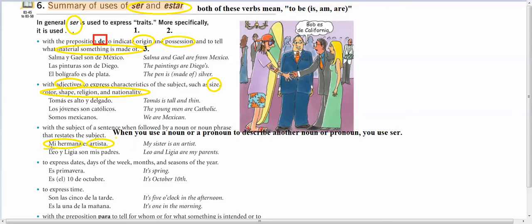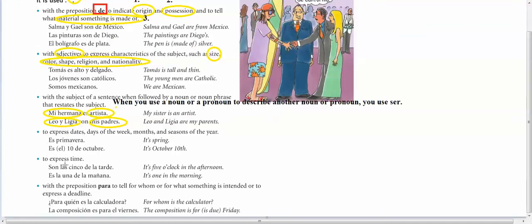Okay, Leo y Ligia, those are nouns, and mis padres are nouns. So if you have a noun or a pronoun being described by another noun or pronoun, that's going to be ser.